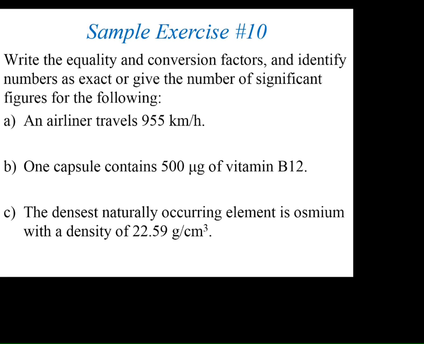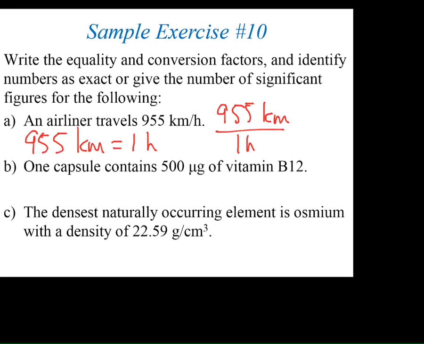So I might write that as an equality as 955 kilometers equals 1 hour, right? That makes sense? So I could write that as a conversion factor, either as 955 kilometers per hour or 1 hour per 955 kilometers, right? You can do it either way. You see how I got that right?